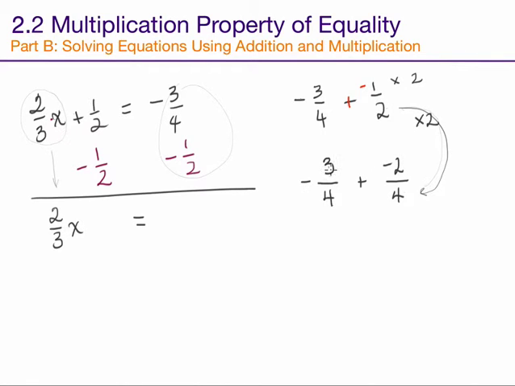I have negative 3 fourths plus negative 2 fourths. This arithmetic gives me this number, so I can replace this with negative 5 fourths.